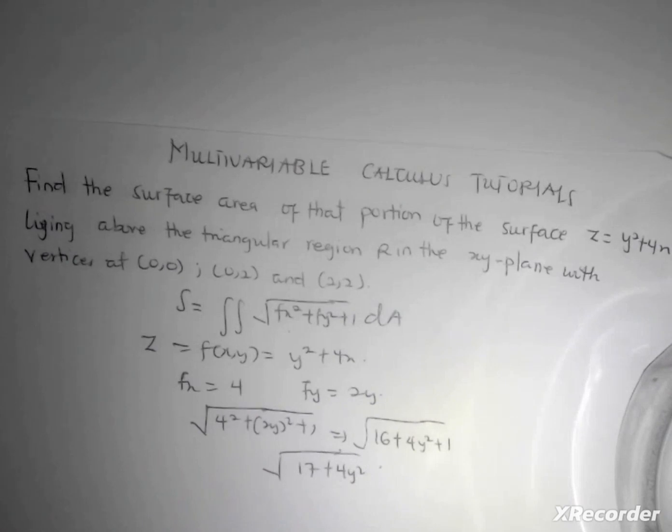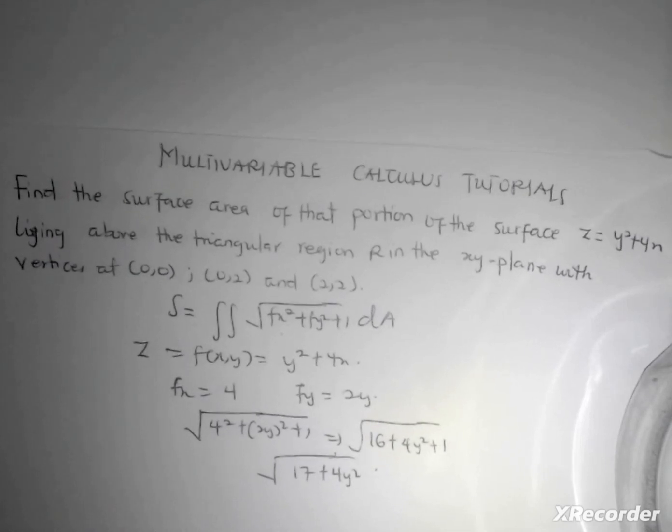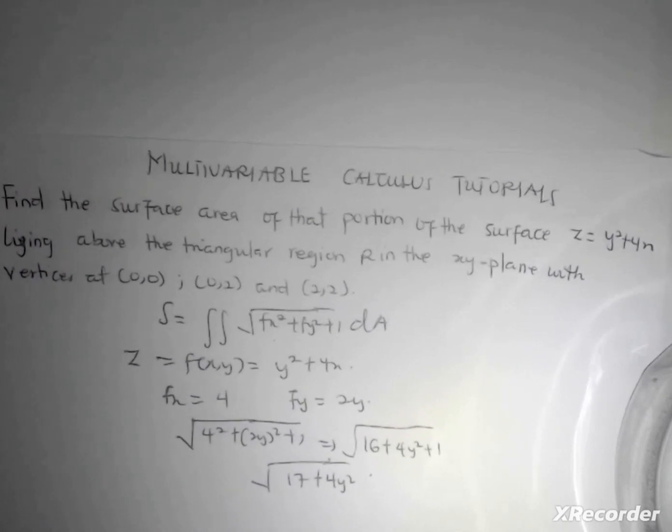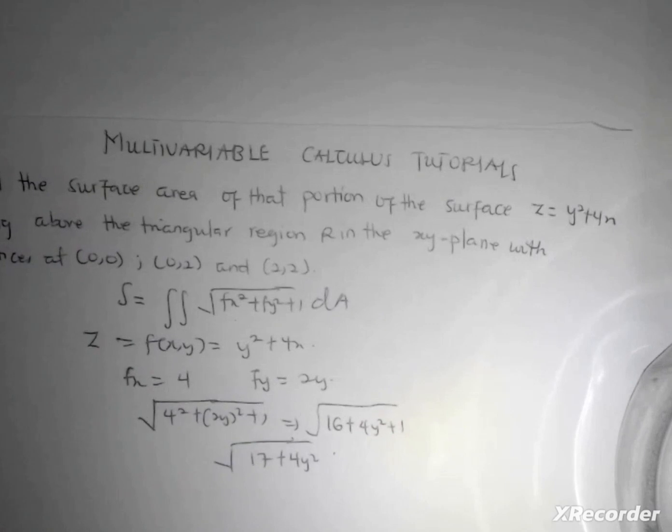So the next thing to do is to find my limits. Given a triangular region, I can find my limits by drawing it in the xy plane. So let's draw this on the xy plane.